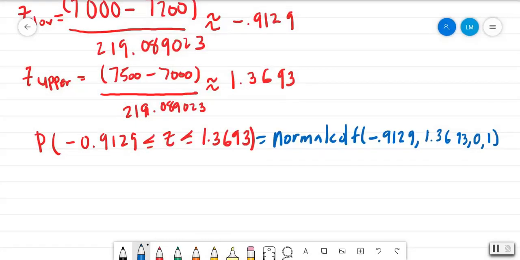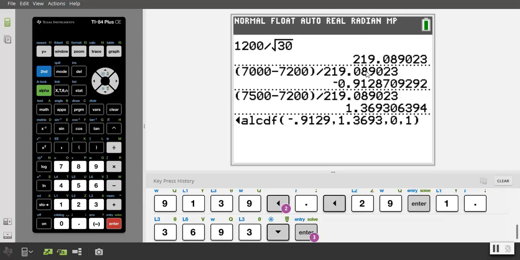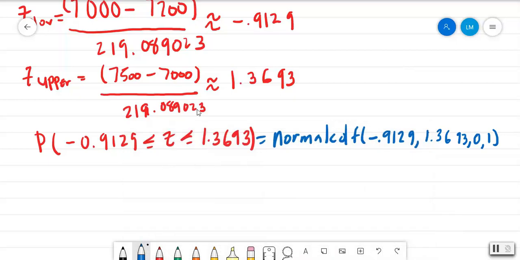Let's just double check. Yes, okay. The mean is going to be 0 and the standard deviation will be 1. So this is what we have. We hit enter, and we get 0.7339, approximately.